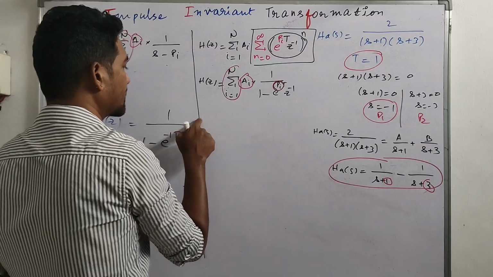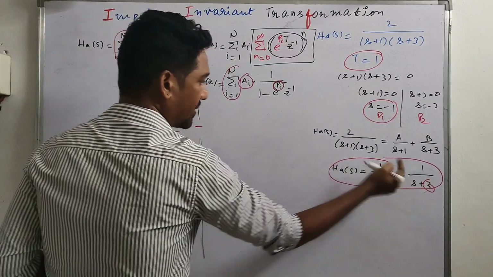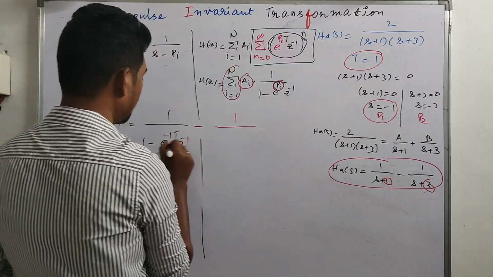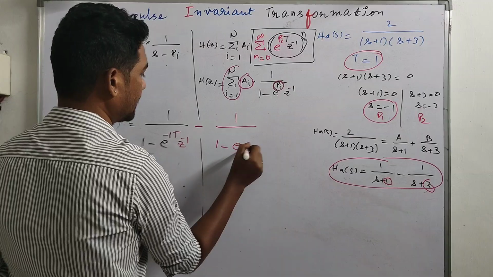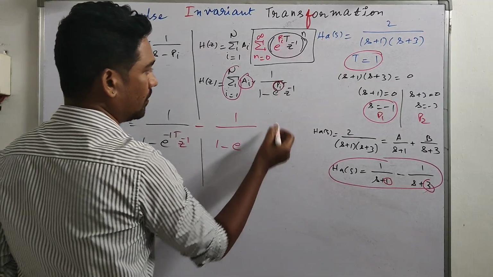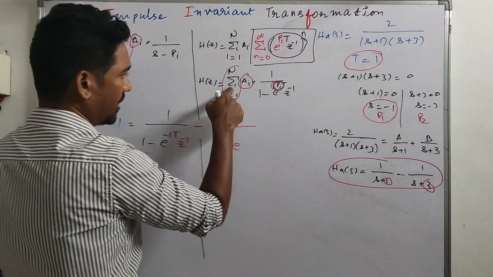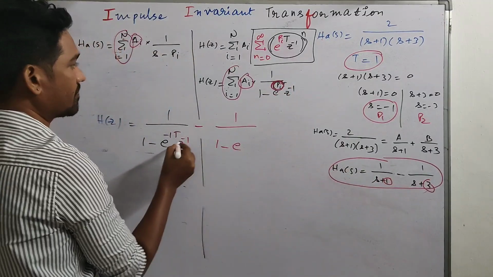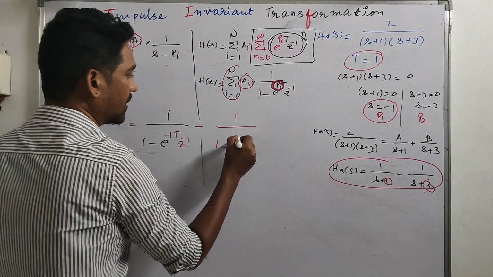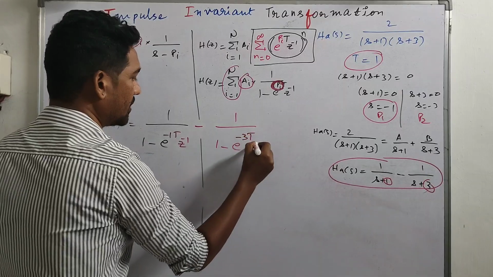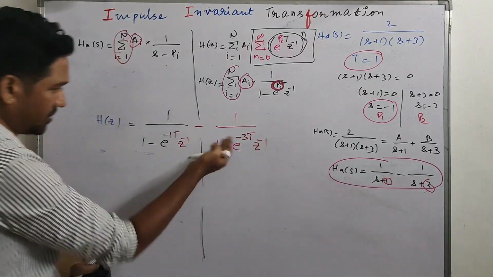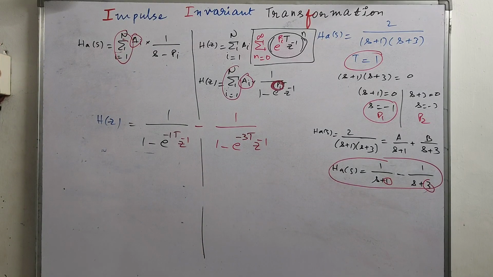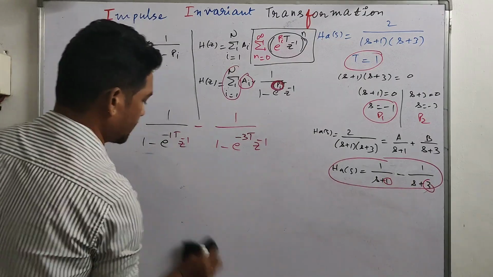This is the pole: 1 minus the pole. The next factor, minus 1 upon 1 minus e raised to the next pole. Because we have the summation, the second pole is at minus 3, so in the place of p_i we plug in minus 3 into t into z raised to minus 1. This is the digital filter we are in search of.